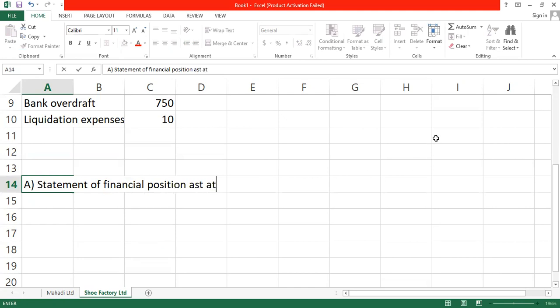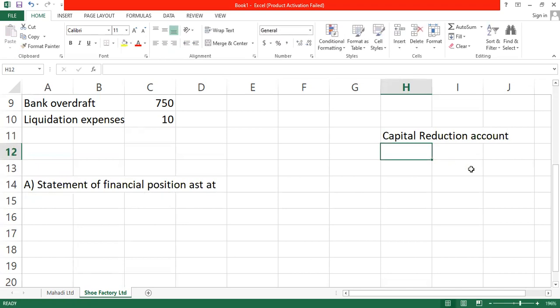So before we can draw the statement of financial position, we need to draw the capital reduction account, isn't it? To know what is happening there. Capital reduction accounts.